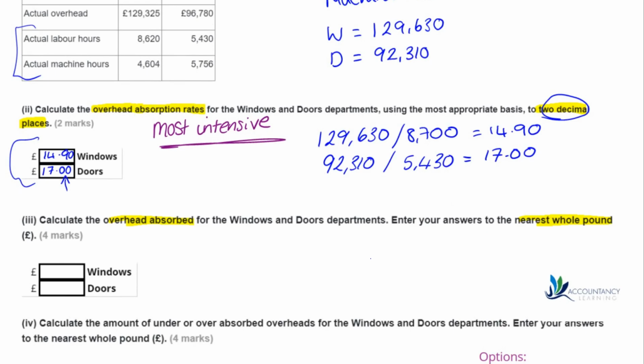So for windows, we're going to be using our actual labour hours, the most intensive, and actual machine hours for doors as the most intensive for that one.